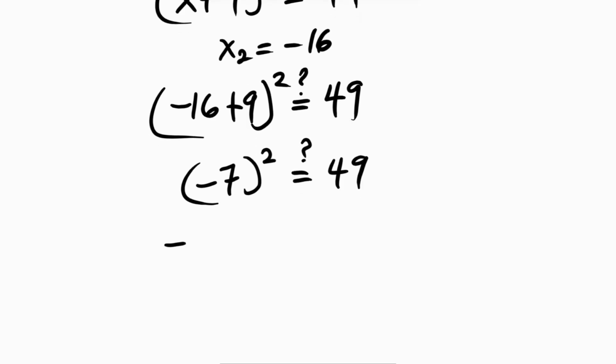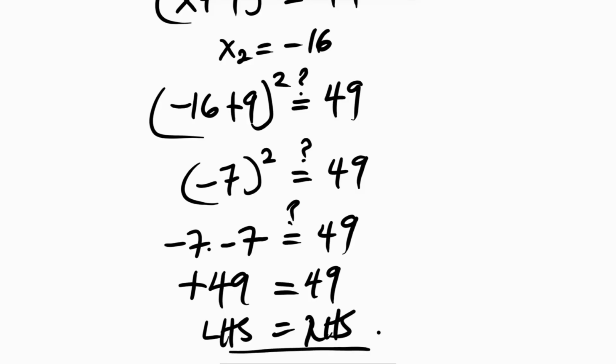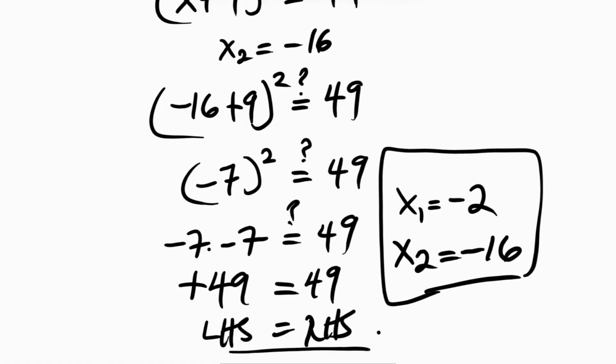Minus 7 squared is minus 7 times minus 7, and minus times minus is plus. 7 times 7 is 49. And we can see that the left-hand side is equal to the right-hand side. Okay, so therefore, our values of x, which are x1 equals minus 2 and x2 equals minus 16, are both correct answers.